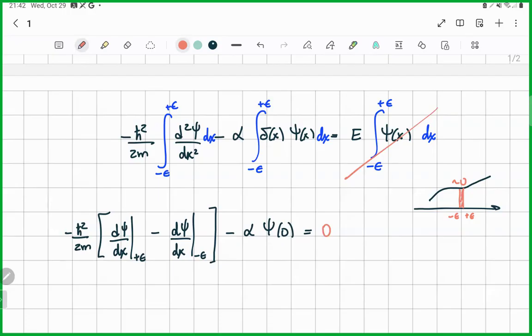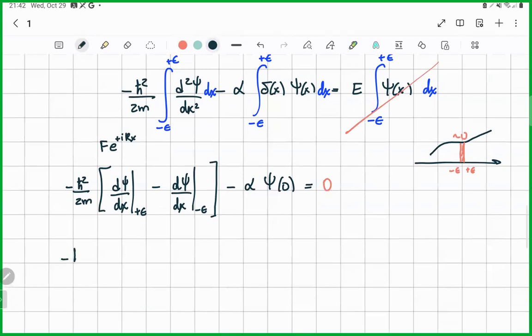All right, let's continue. Now we have to do the derivative on the positive side. Let me write what the function on the positive side was. Okay, so the derivative of that gives us ik and the function at plus epsilon.